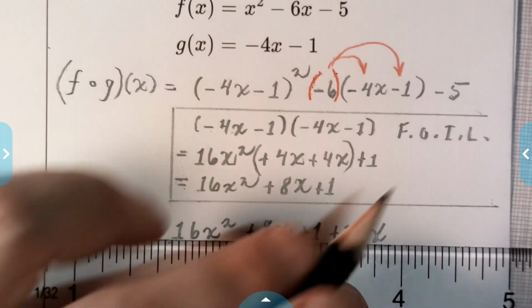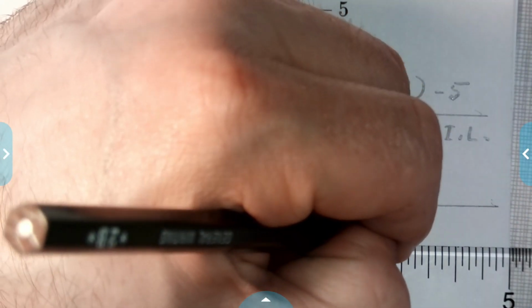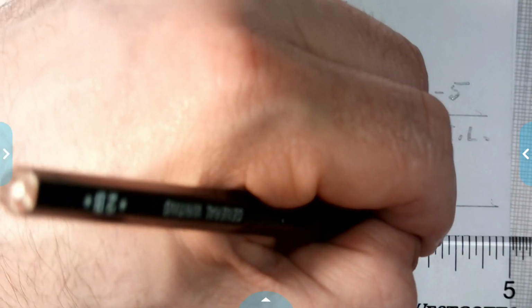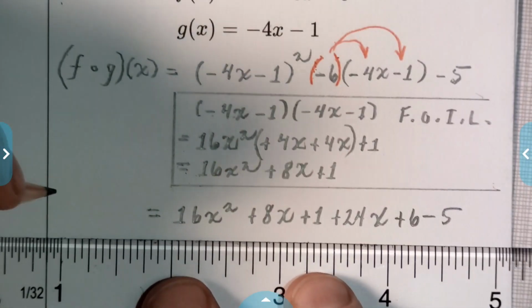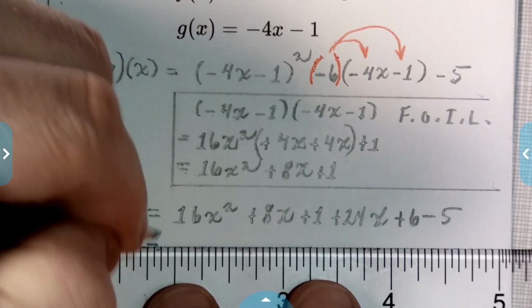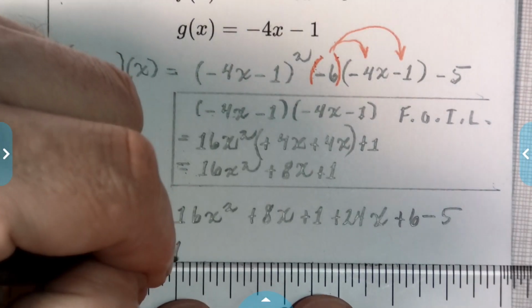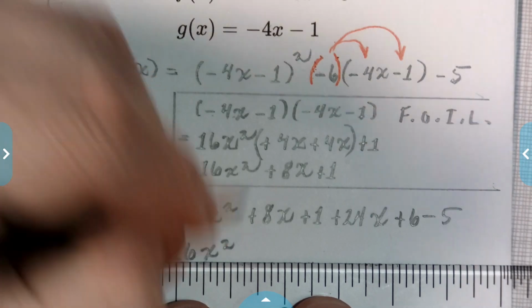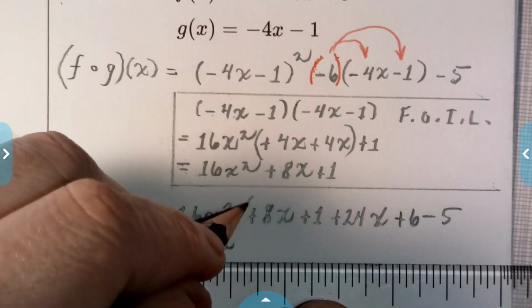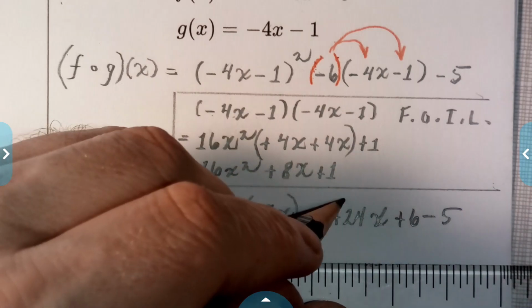And then negative 6 times negative 1 is plus 6. And then we minus 5. Okay. So we're going to clean this up a little bit. We got 16x squared. I've got an 8x and a 24x.